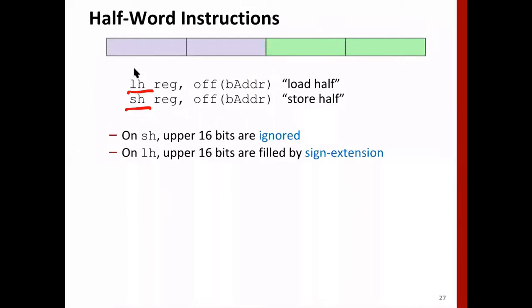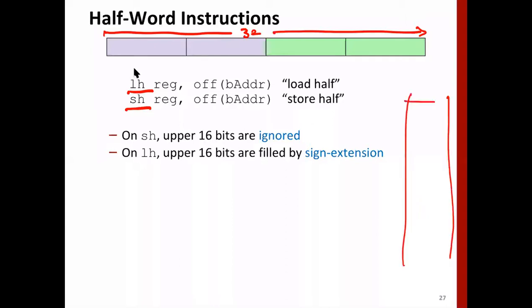So when we load, it means that we are bringing from memory. Let's assume this is a 32-bit memory, that there are 32 bits in a location, in a word, in memory, and these are the 4 bytes here, and we are loading a half word.